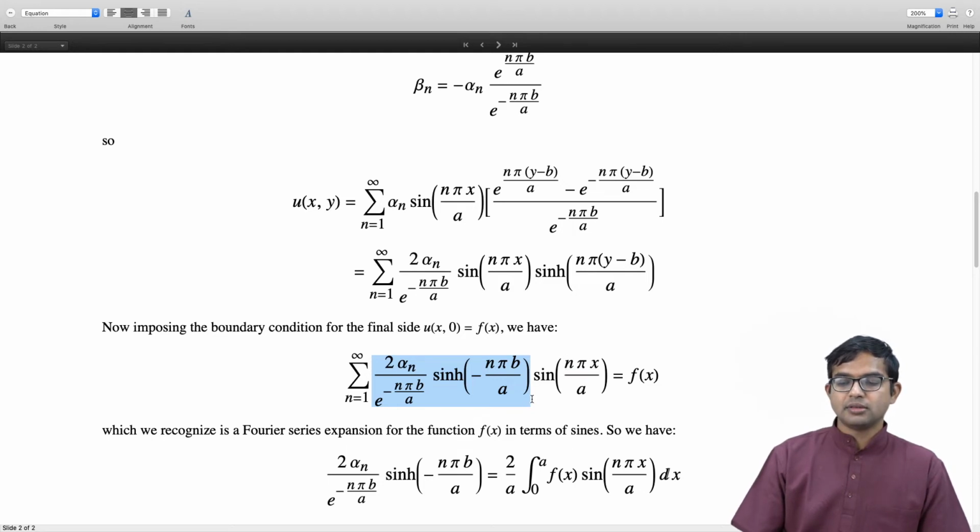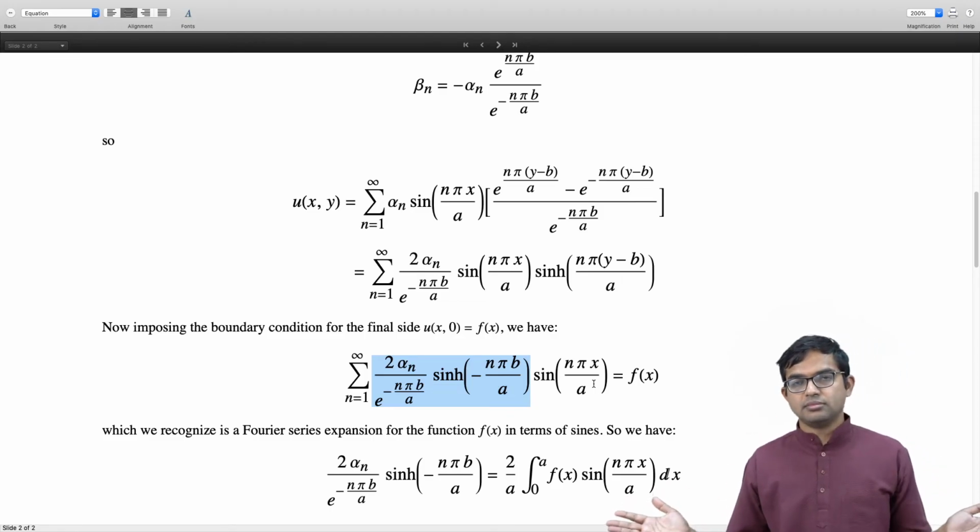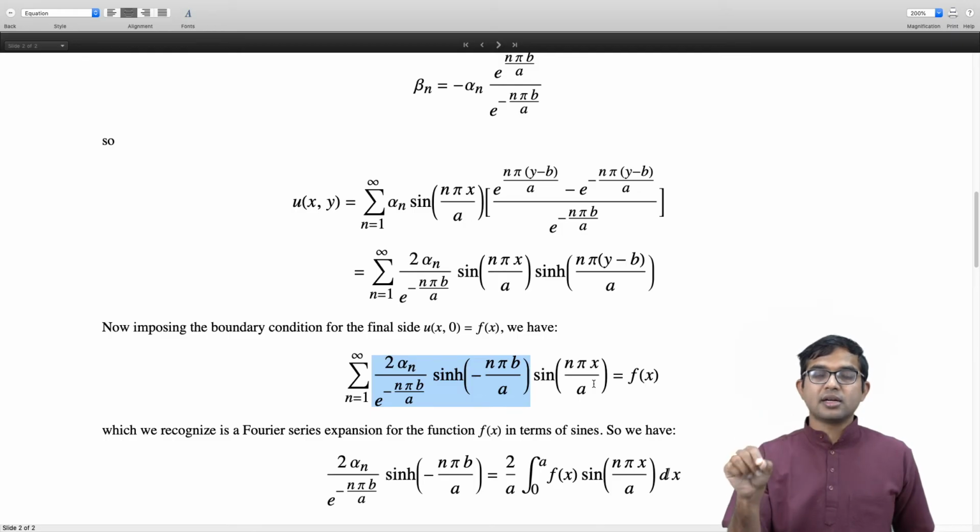We know that the way to solve for this is to multiply throughout with sine of n pi x by a, and then integrate from 0 to a. All of these terms except the one we are interested in will just vanish, and then you will get the particular coefficient that we are after.